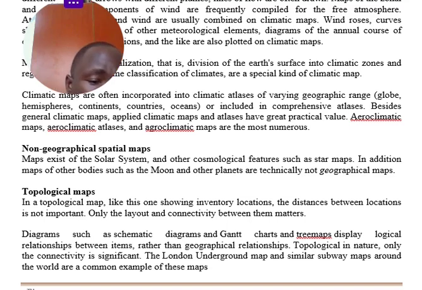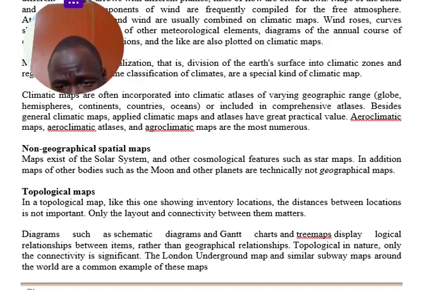In addition, they are talking about other bodies, for instance, moons and planets. These ones are technically non-geographical maps. When you look at the moon and the planets, they are not technically geographical maps.